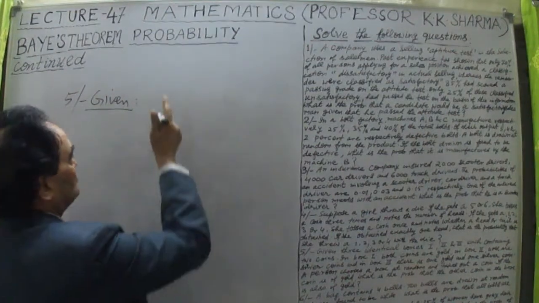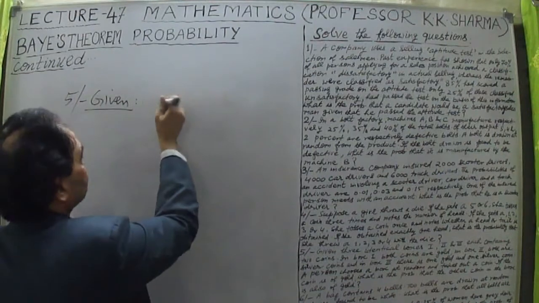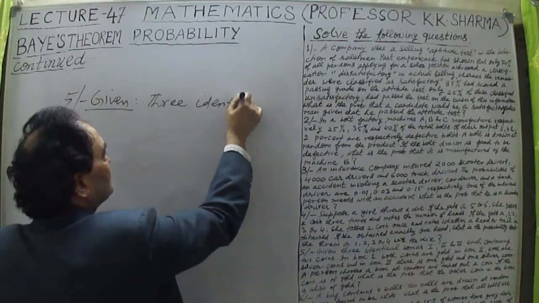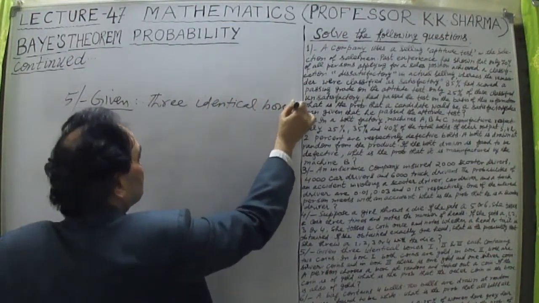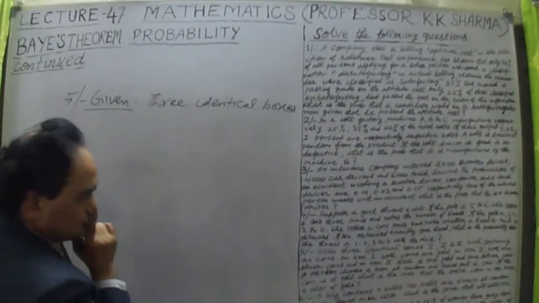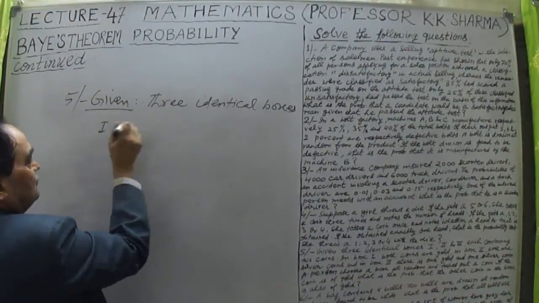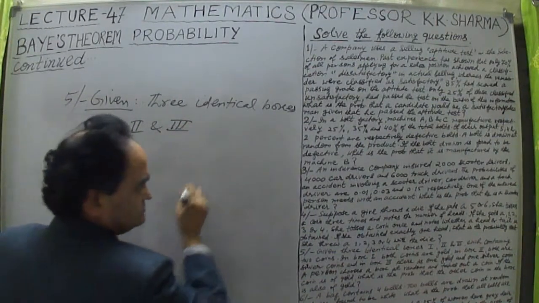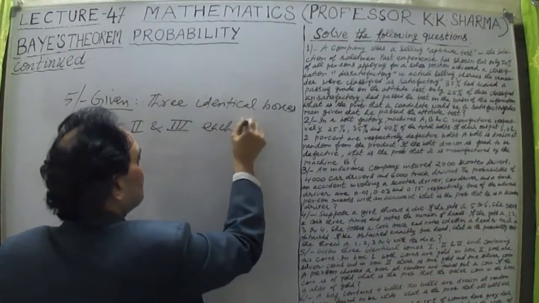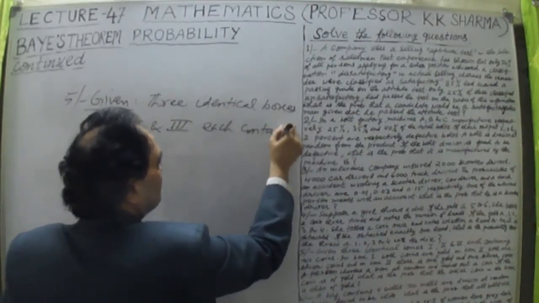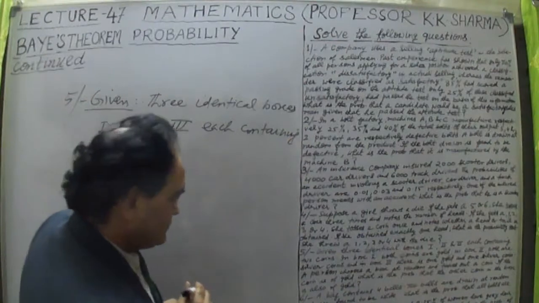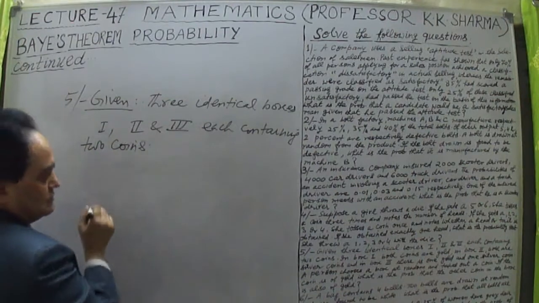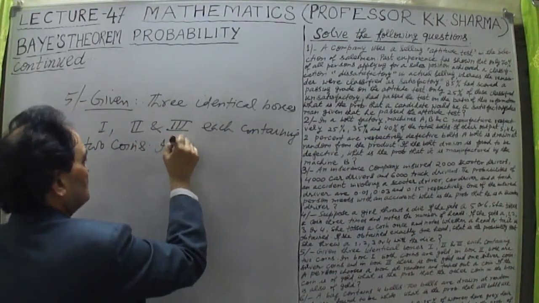So let me write what is given to us. Given here: 3 identical boxes, box number 1, 2, 3, each containing two coins.